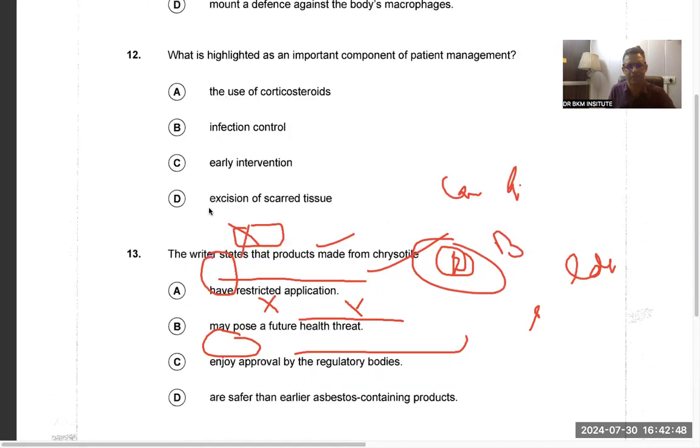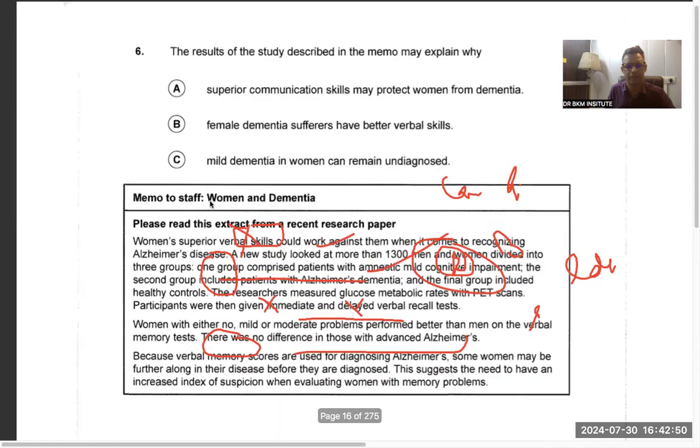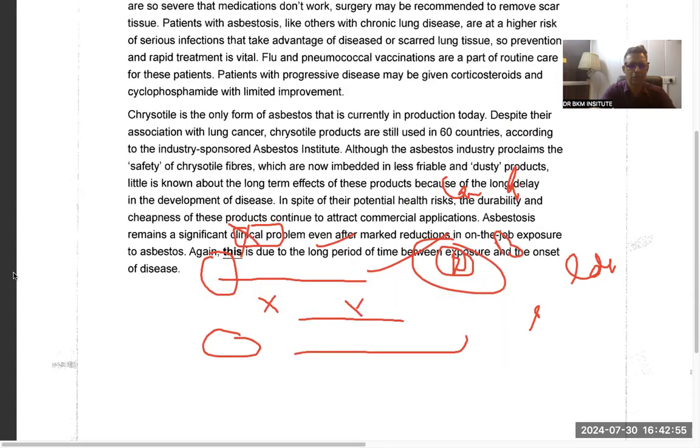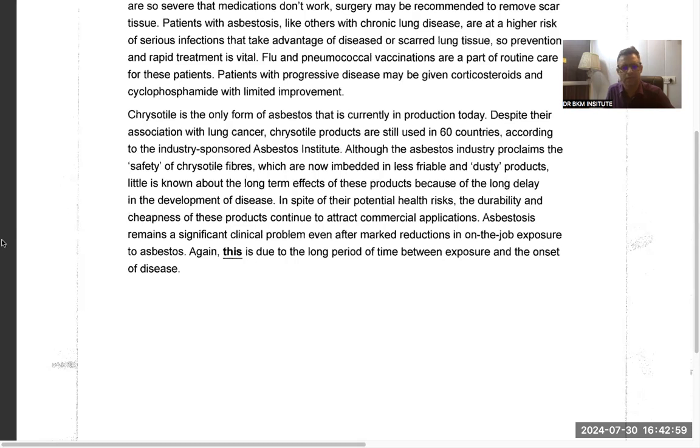I will make you read the paragraph again. If you want to read one more time, I will read it for you just to make sure. So there was no comparison of the fibers with the old fibers. They were just talking about these fibers, 60 countries, embedded in fabric. Little is known about these products.